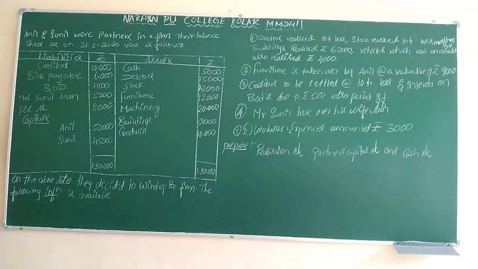Next, furniture is taken over by Anil at a valuation of rupees 9,000. Creditors are to be settled at 10% less, and interest on bank overdraft due of rupees 500 is also paid off. Mr. Sunil took over his wife's loan.